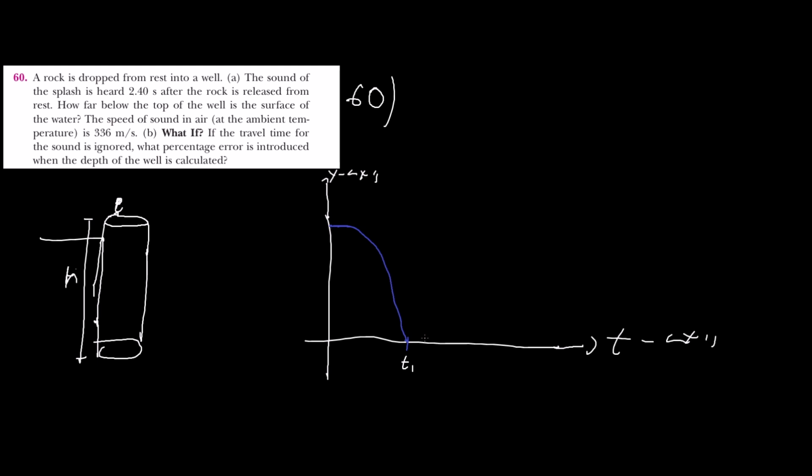And after T1, the sound travels through the air. The rock is going to drop and hit the water, and then that propagation is going to travel at the speed of sound, 303.6 meters per second, back up, and then you're going to hear the sound.